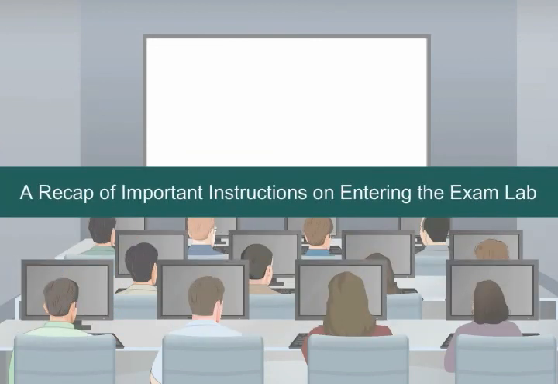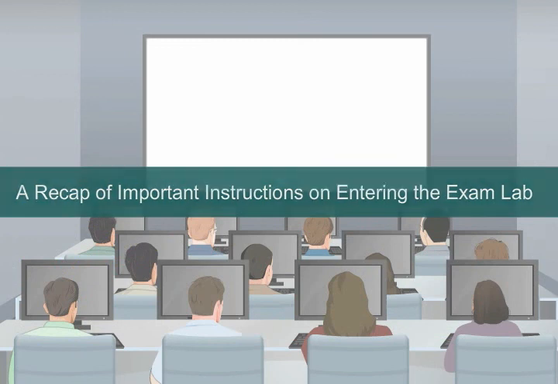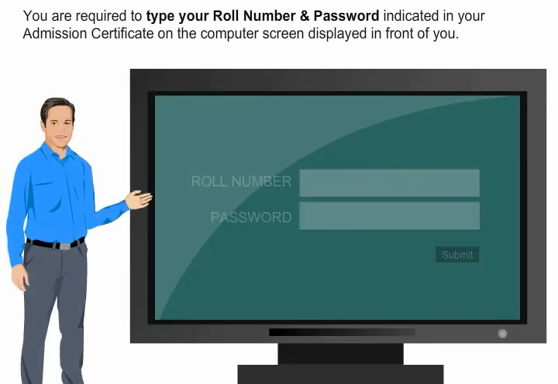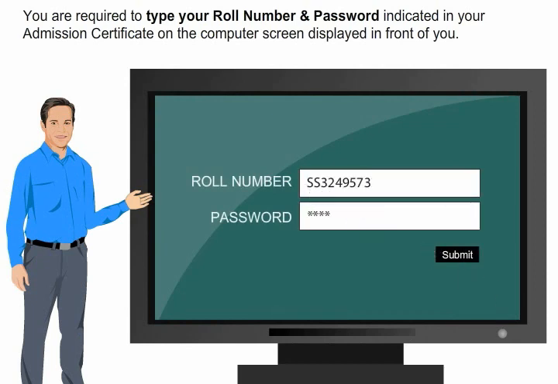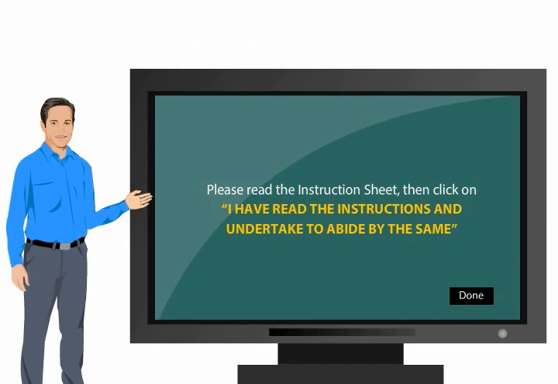A recap of important instructions on entering the exam lab. You are required to type your roll number and password indicated in your admission certificate on the computer screen displayed in front of you. Please read the instruction sheet, then click on "I have read the instructions" and undertake to abide by the same.